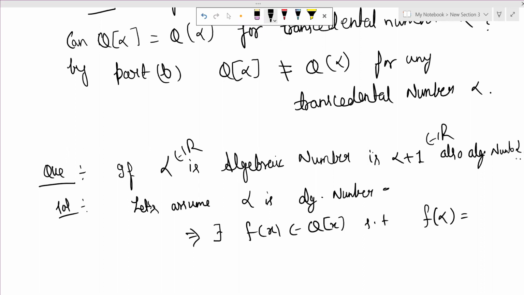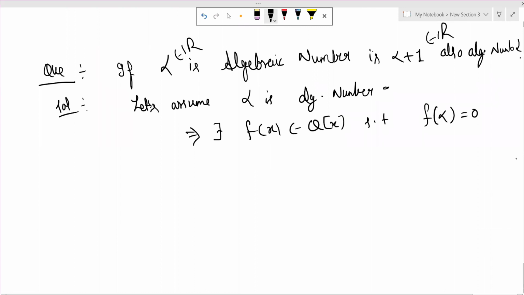Then what? f(x minus 1) will be satisfied by alpha plus 1. You are saying that this polynomial, f(x minus 1), will be satisfied by alpha plus 1. Yes, correct.